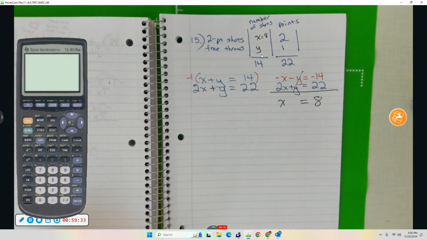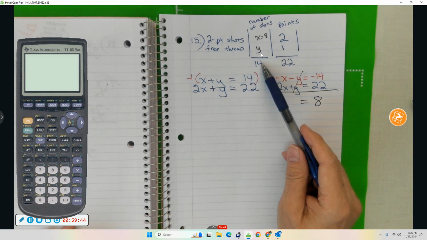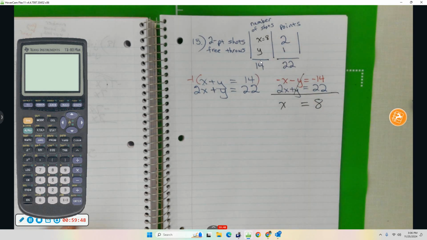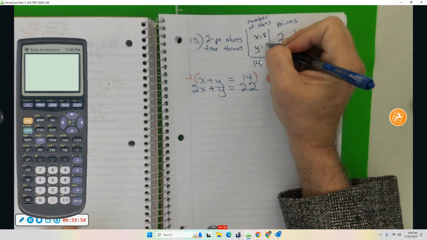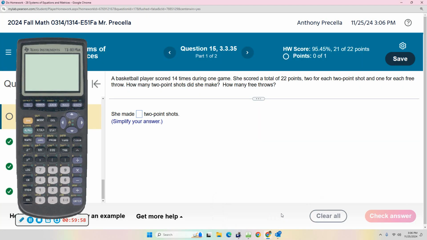That's why they're standing there at the line. So that's why they're only worth 1 point each. So what will y be? It needs to add up to a total of 14. 8 plus what gives us 14? I agree with 6. Any questions on our logic there? 8 2-point shots and 6 free throws.